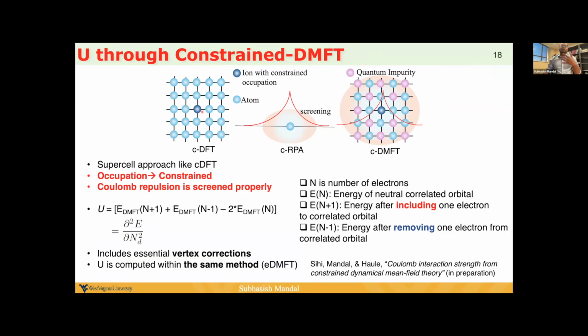U very similarly to CDFT, except the total energy is now the DMFT energy, which is a functional obtained from the Luttinger-Ward functional. And in this process, we can actually include vertex corrections. And most importantly, the U is obtained in the same method that we are using to compute electronic structure.